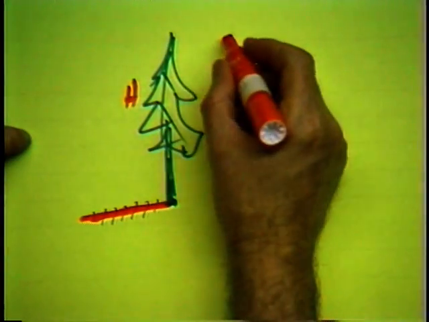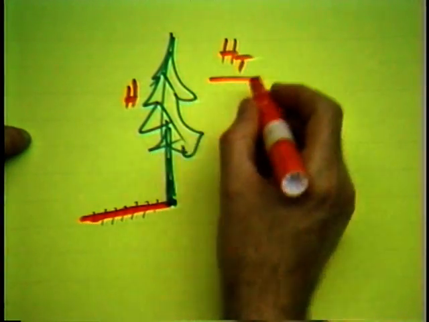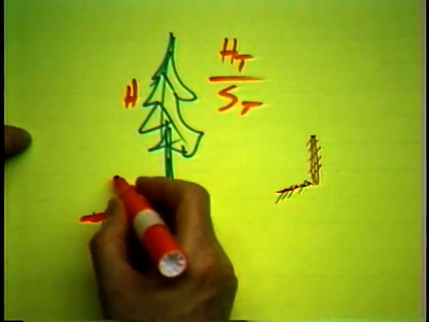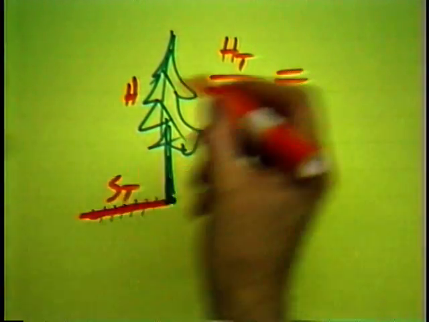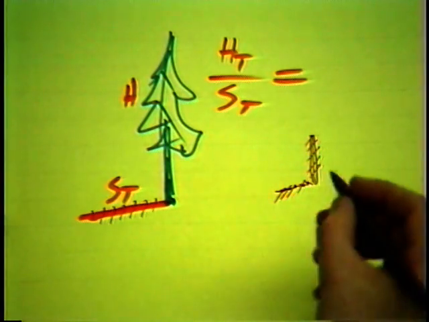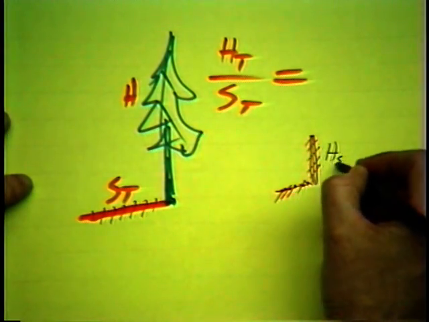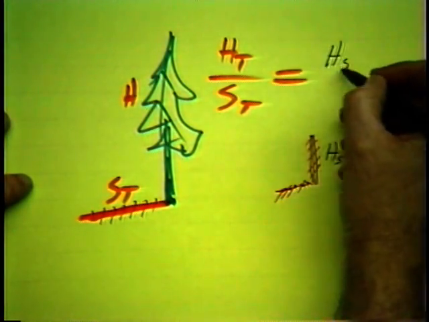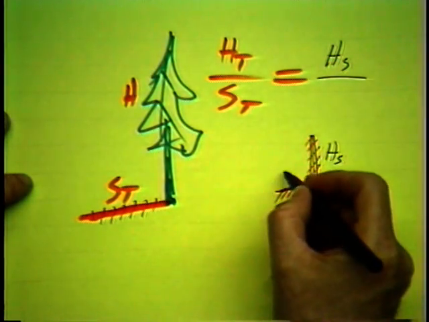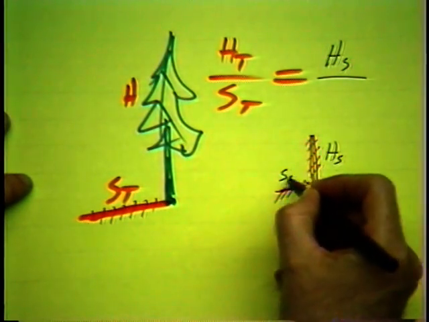That is, we're saying the height of the tree is to the shadow of the tree as the height of the stick is to its shadow length.